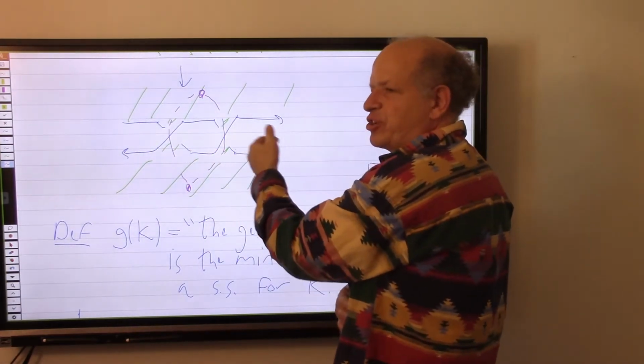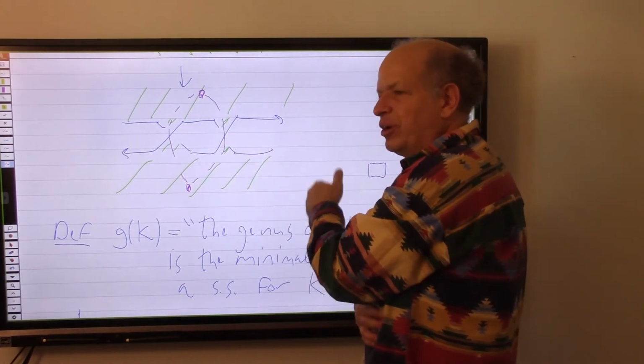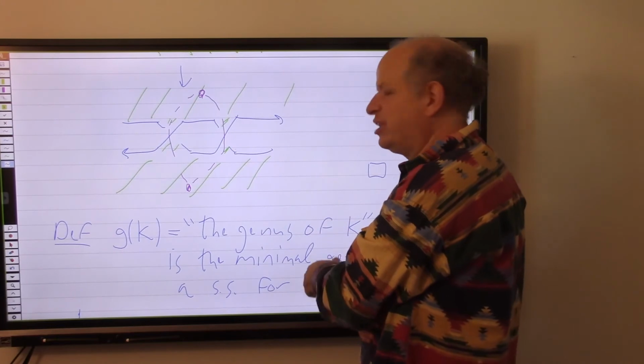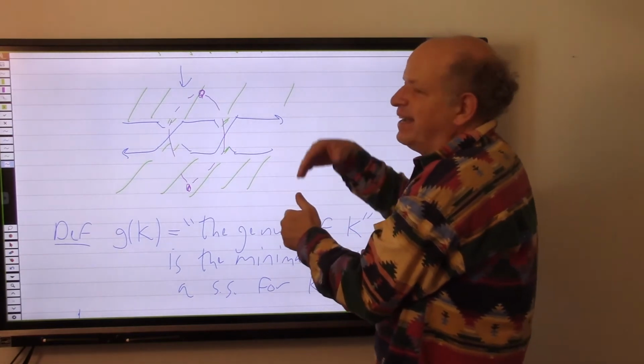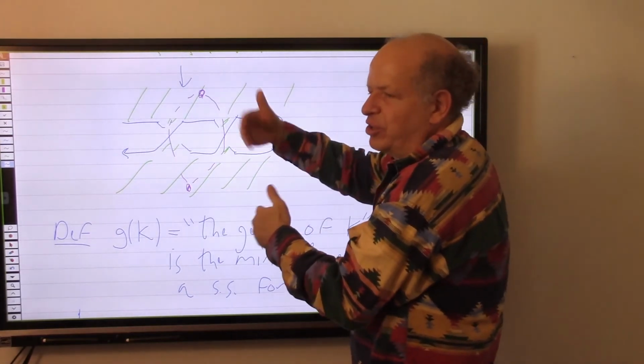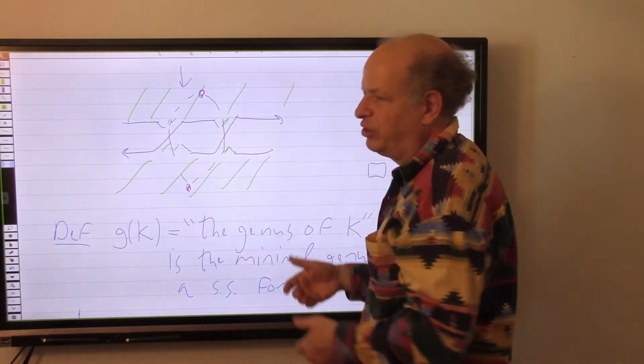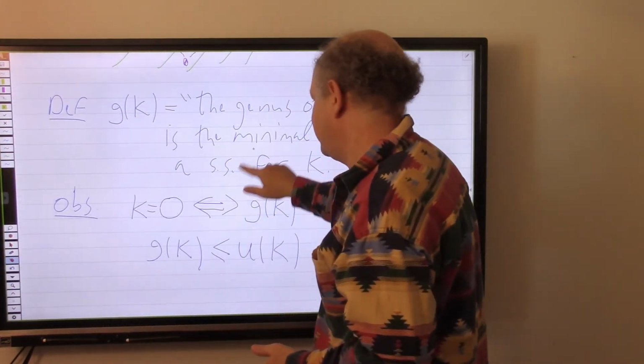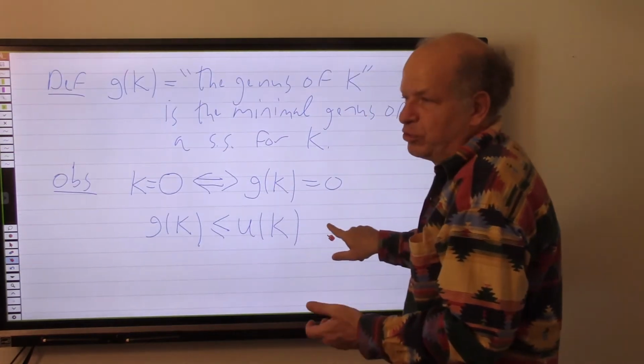So it subtracts 2 from the Euler characteristic, which means it adds 1 to the genus. So every additional crossing you need to flip adds 1 to the genus, and so the genus is at most the unknotting number.